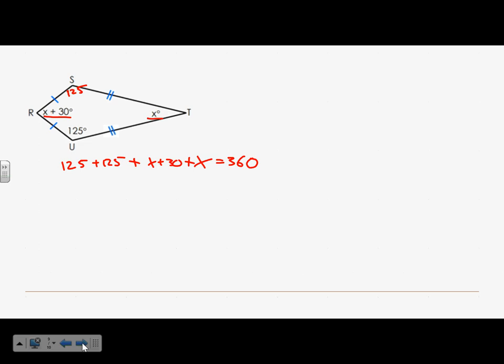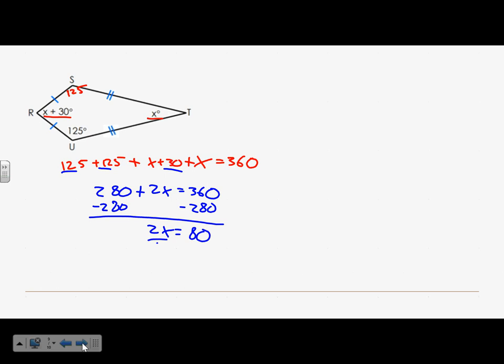So combine your like terms, 125, 125, and 30 is 280, plus x and x is 2x. Is 80.